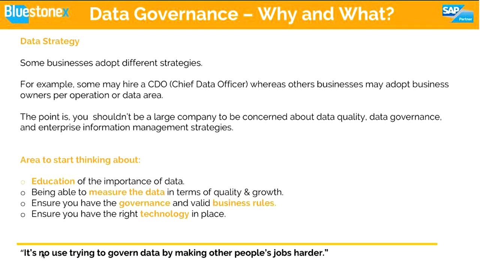Some may require an owner of all data, like a chief data officer. Other businesses, depending on how they operate, might have data owners per operational area. The point is, whether you're a large or small enterprise, you need to start thinking about these organizational changes. You shouldn't have to be a large company to be concerned about data quality.